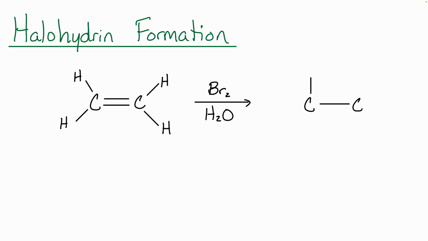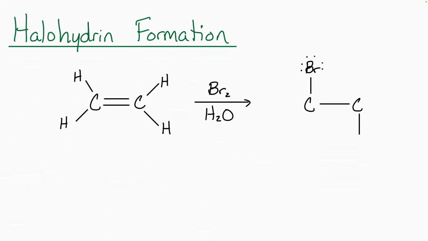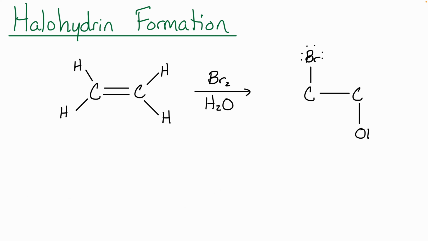We get a bromine on one side of our carbon-carbon double bond. But on the other side is not going to be another bromine, but rather a hydroxyl group, an OH.